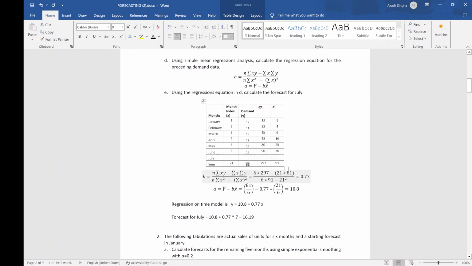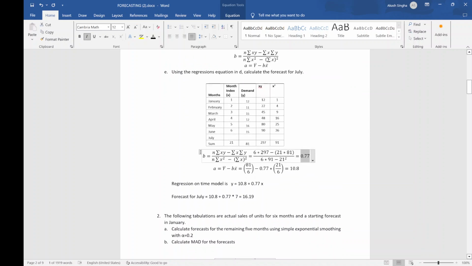In the lower part, it's summation of x square into n minus summation x whole square. This is the formula to calculate b, and then you have to calculate the whole equation.